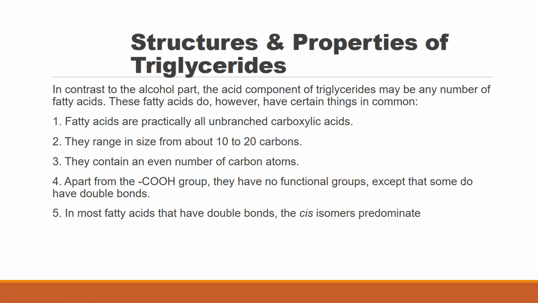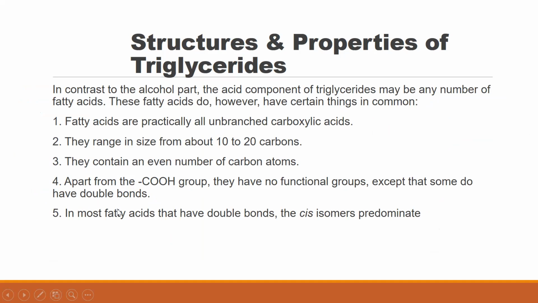So fatty acids have certain things in common. Fatty acids are practically all unbranched carboxylic acids. Branching is rare. They range from 10 to 20 carbons or up to 24. They contain an even number of carbons. Apart from the COOH group, the carboxylic group, they have no other functional groups except that some have double bonds.